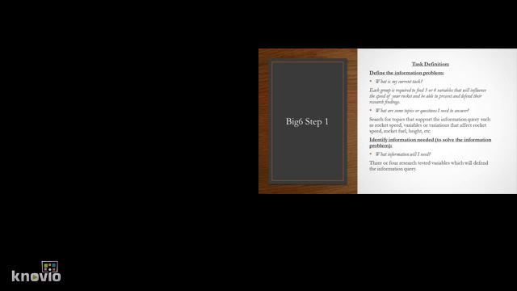So to start off with, you need to search for topics that support this question, such as rocket speed, variables or variations that affect rocket speed, rocket fuel, height, etc. So what information are you going to need? 3 or 4 research-tested variables which will defend the information query.